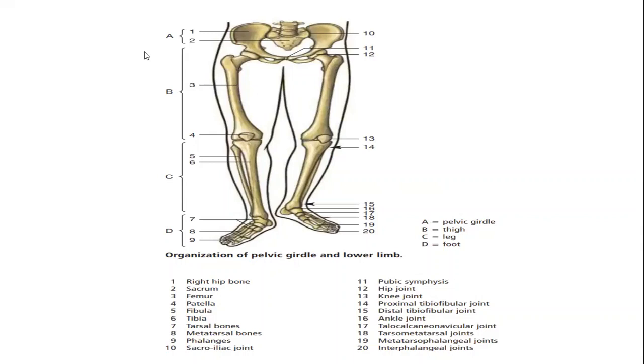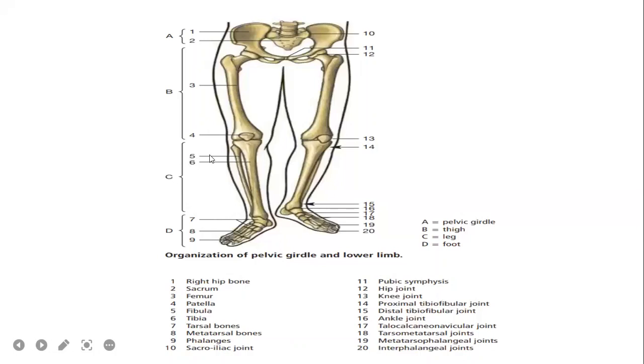Moving to B, we have the thigh, which begins from this region right immediately after the pelvic girdle. Moving down here, we have the patella, which forms part of the thigh. We have this long bone, which is known as the femur. Then moving to the part labeled C, these are the bones of the leg.